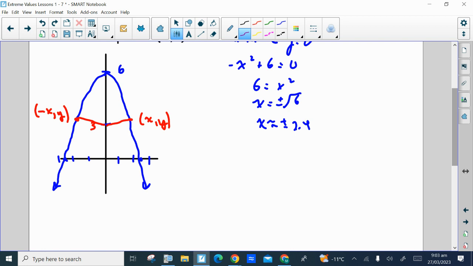And we have a formula for distance that you may have seen, maybe back in grade 10, maybe not. The distance between 2 points can be found by using this formula. It's the square root of y2 minus y1 all squared plus x2 minus x1 all squared.